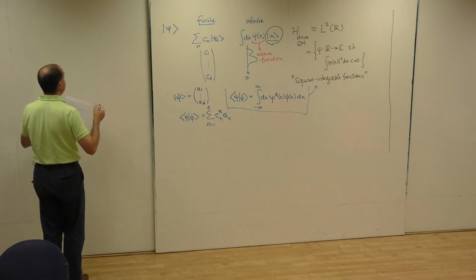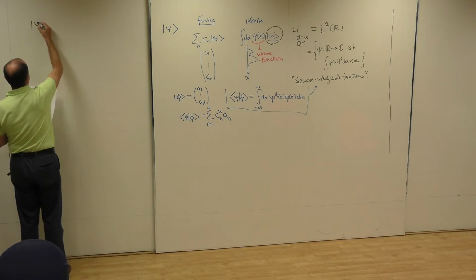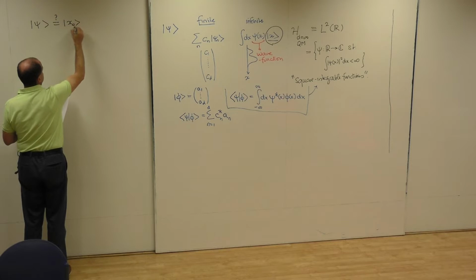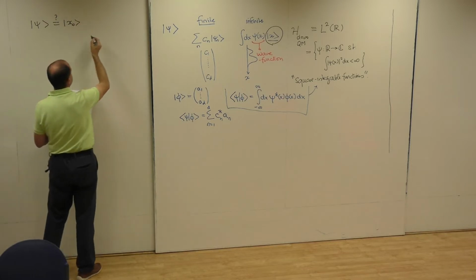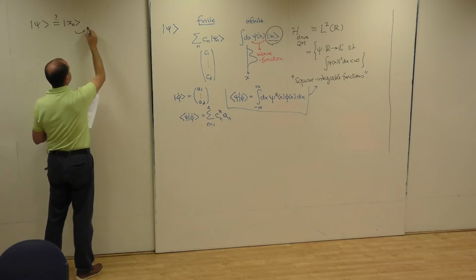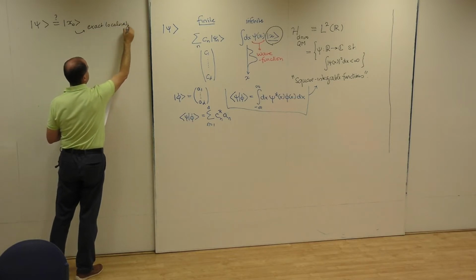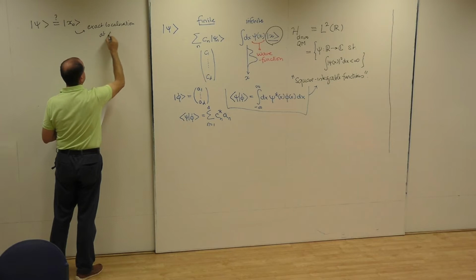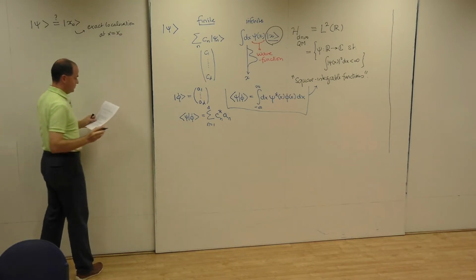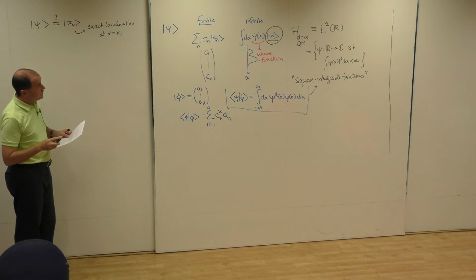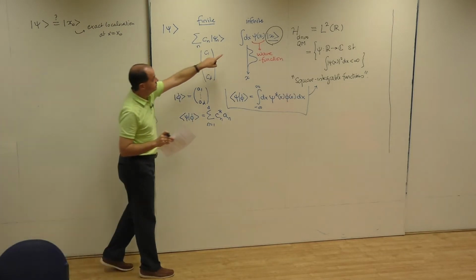So what would be the state psi equal to, let's say, |x0>? Again, this would represent a particle that is exactly localized at x equal x0. Now, you plug it in there.